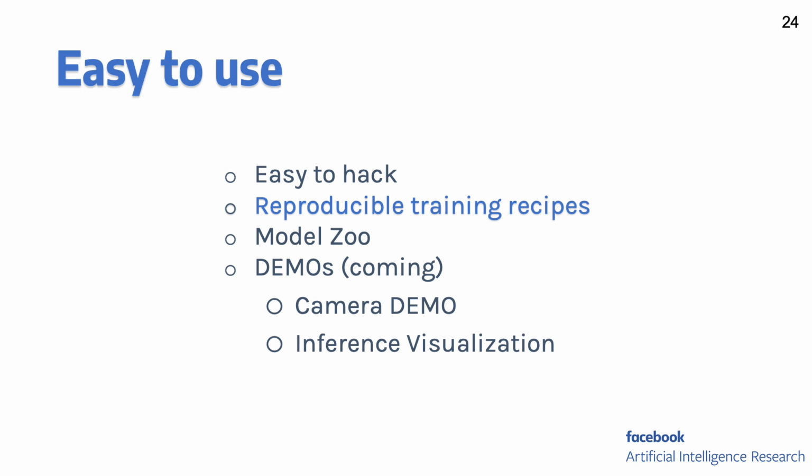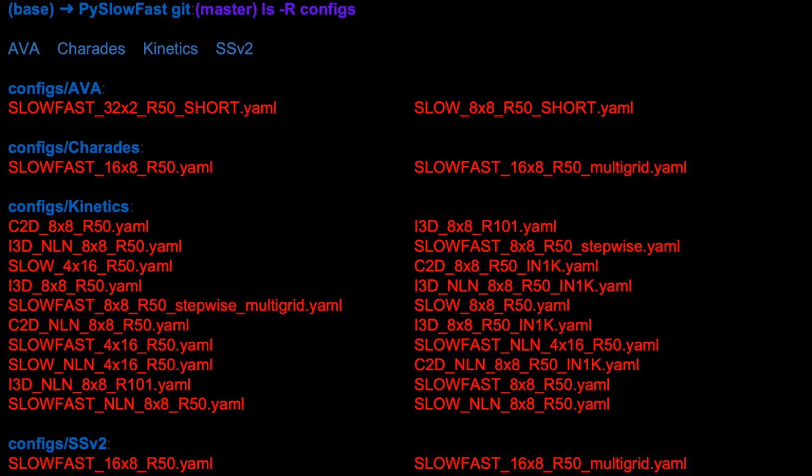In PySlowFast, we provide a comprehensive list of training recipes on different datasets with different types of methods. For example, if you clone the codebase and simply list the YAML config files under the config folder, you will see a lot of different YAML files with different dataset folders like AVA, Charades, Kinetics, Something-Something, and others.